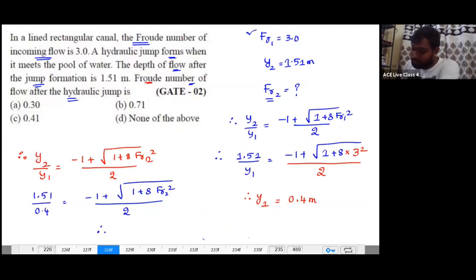Okay, so now solve this one. 1.51 by... into 2 plus 1 square minus 1 by 8. Okay, sorry. This is not Y2 by Y1, this is Y1 by Y2.